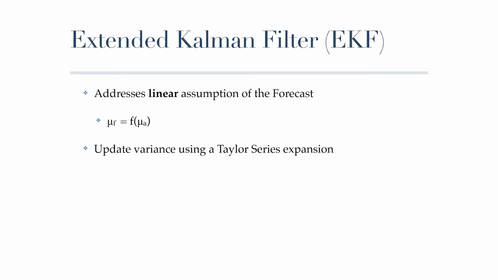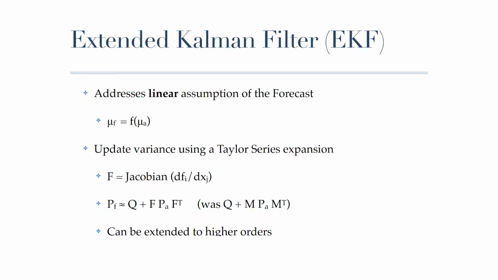And then we update the uncertainties in the forecast using our Taylor series expansion. So we need this Jacobian matrix of derivatives, which essentially gives us the instantaneous slope at that point in time, rather than using a constant set of slopes in a linear model.